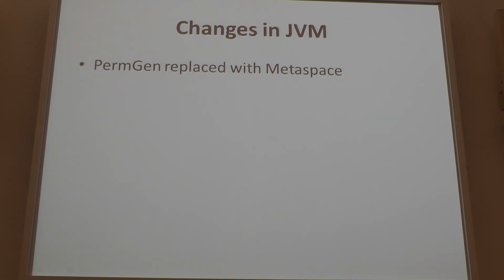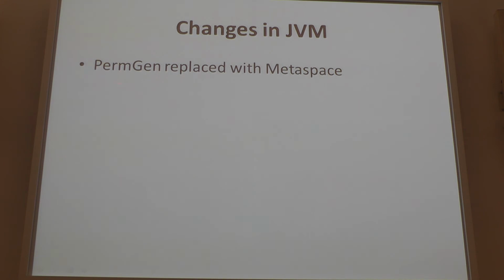The first thing is that the permgen memory space is replaced with something different, and the practical use case or something you should remember about this is that many of you have probably seen the permgen space out of memory error.